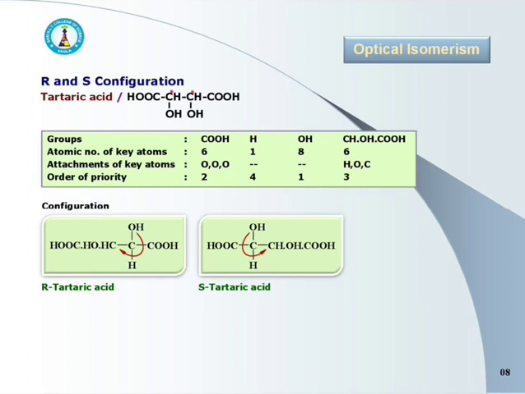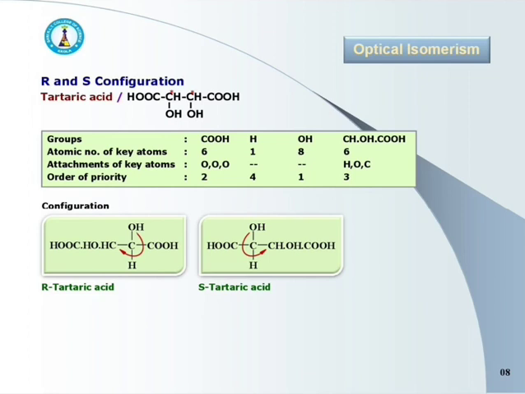Here one oxygen is singly bonded, whereas the other oxygen is doubly bonded to the key carbon, and hence the attachments are oxygen, oxygen, oxygen. For the CHOH, COOH group, the attachments are hydrogen, oxygen, and carbon.